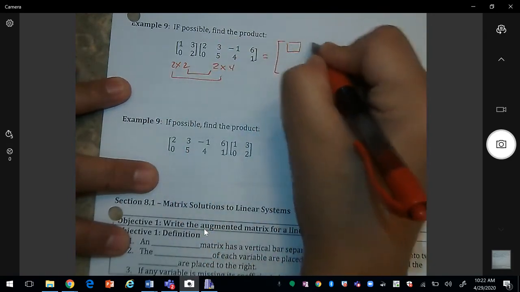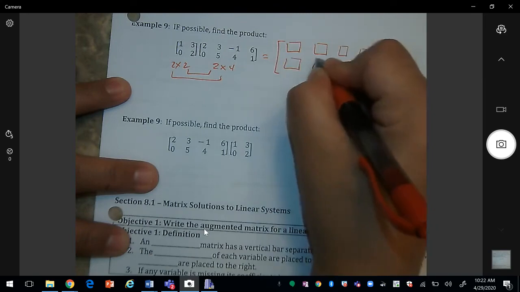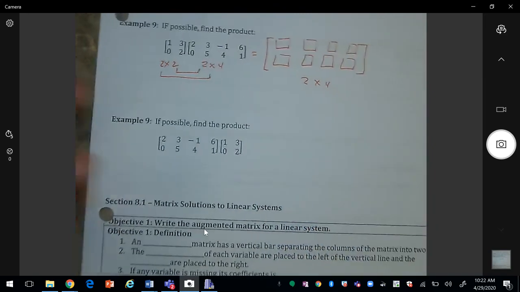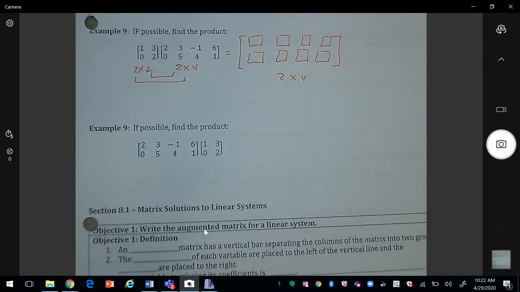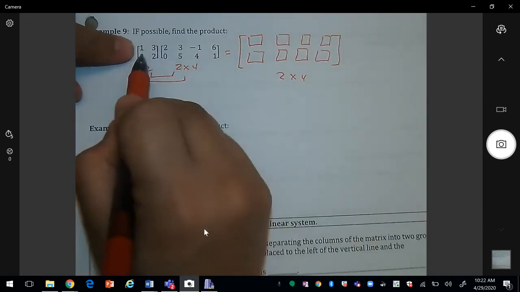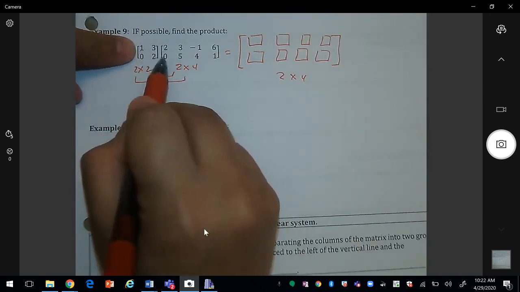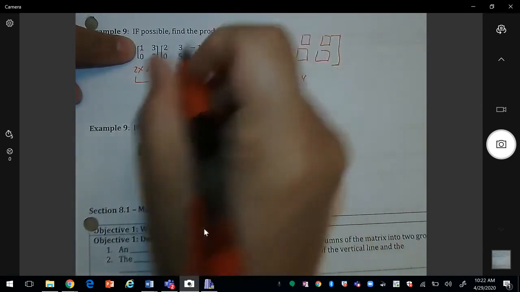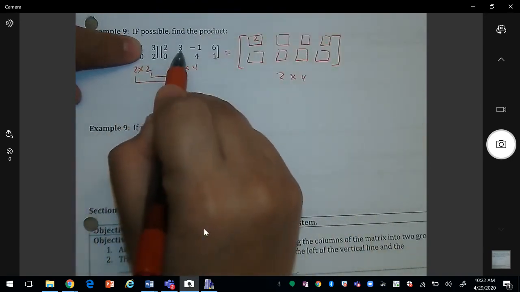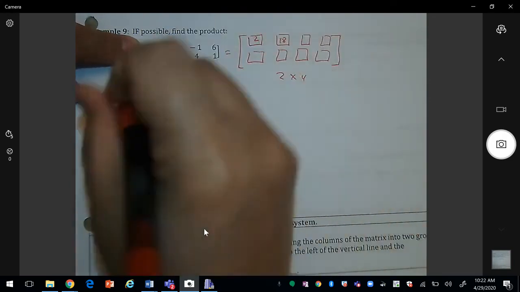So I'll have a number here, one here, and one here. If we multiply this, it would be the first row: 1 times 2 is 2, 3 times 0 is 0, so my answer would be 2. 1 times 3 is 3, 3 times 5 is 15, so the answer there would be 18.